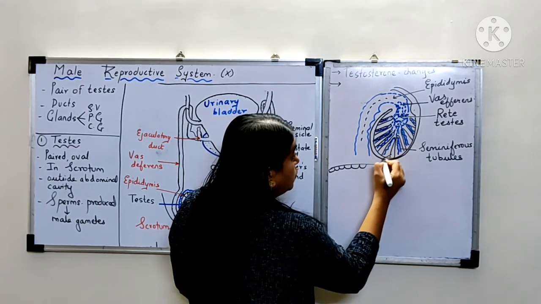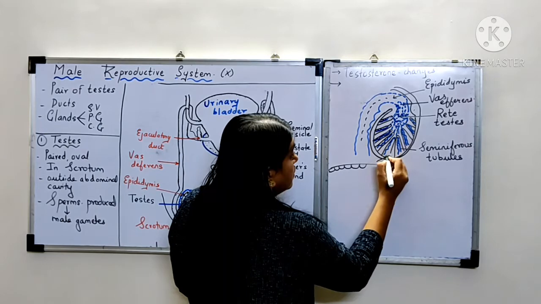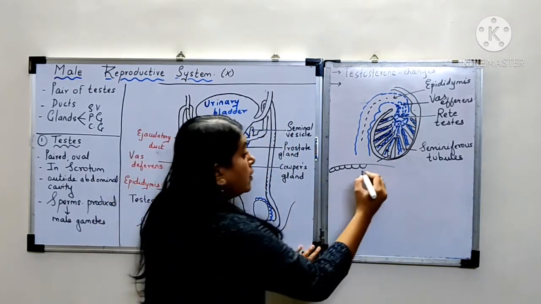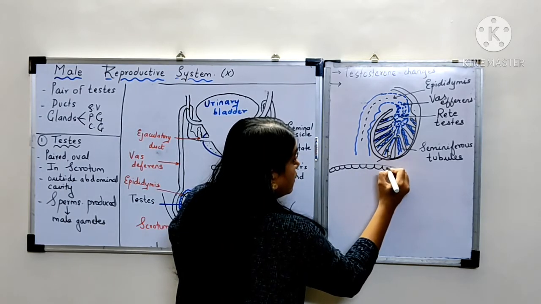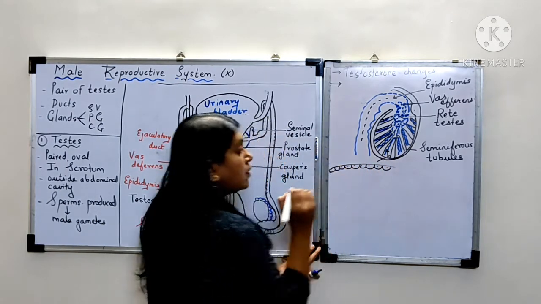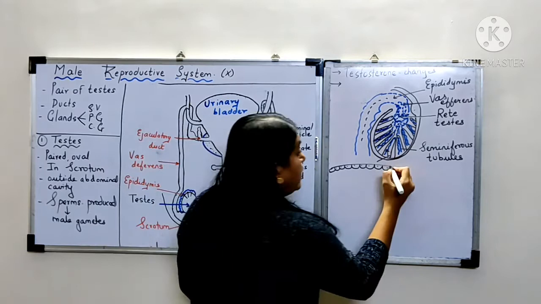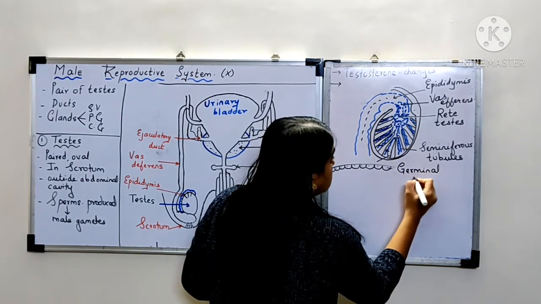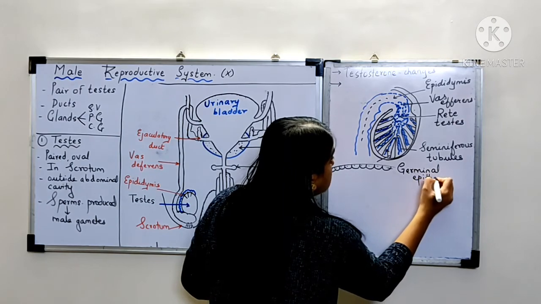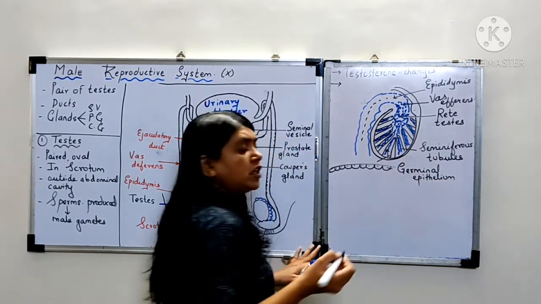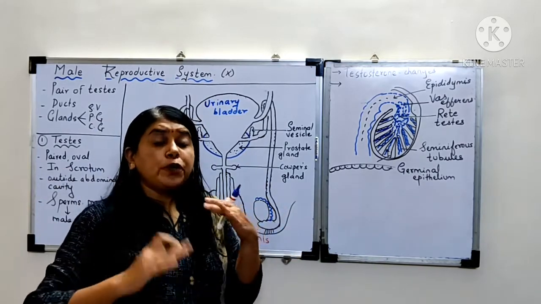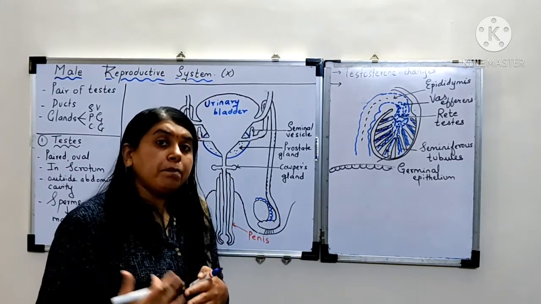That means I am showing you this part, this blue colored part. This is the germinal epithelium. Germinal epithelium means this is a layer of cells which are going to produce the sperms by meiosis.